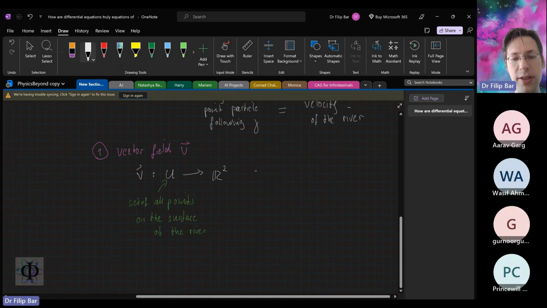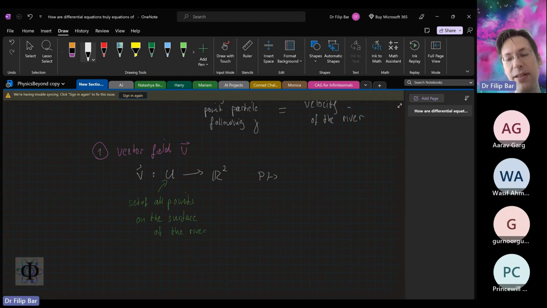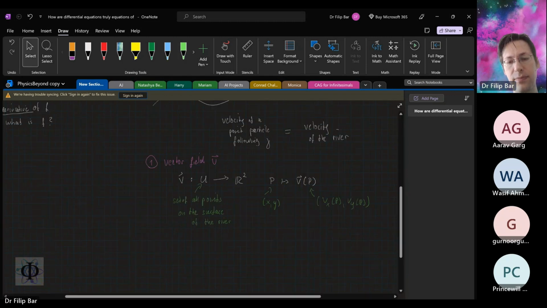So I'm taking a point. The point will have an x and y coordinate, and I'm going to be mapping this point to the velocity that the river has at this point. And again, this has x and y coordinates, and this, of course, also has x and y coordinates, right?